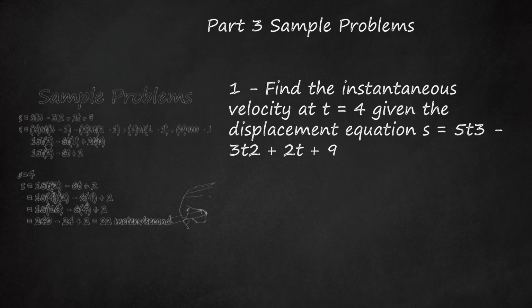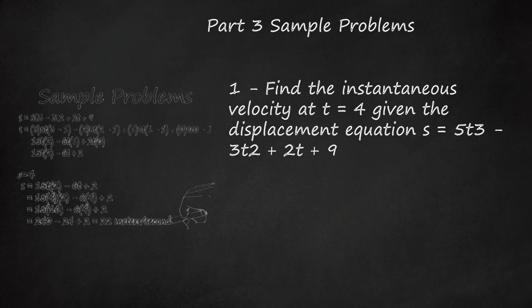First, we'll take our equation's derivative. s equals 5t^3 - 3t^2 + 2t + 9, so s' equals 3(5)t^(3-1) - 2(3)t^(2-1) + 1(2)t^(1-1) + 0(9)t^(0-1), which is 15t^2 - 6t^1 + 2t^0, or 15t^2 - 6t + 2.